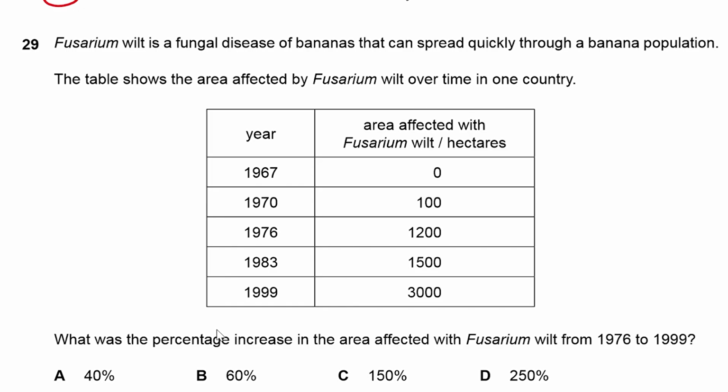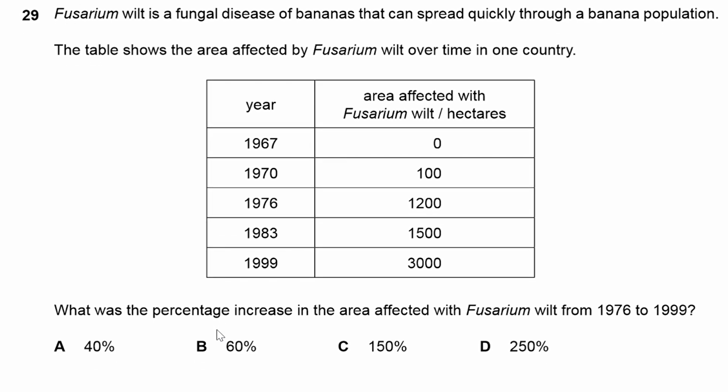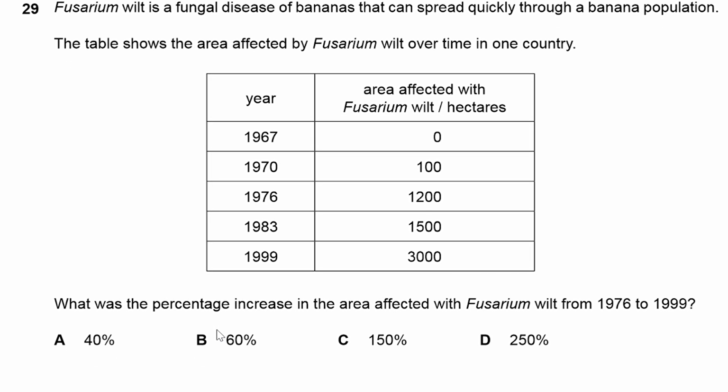What was the percentage increase in area affected with Fusarium wilt from 1976 to 1999? In 1976 we had 1,200, in 1999 we had 3,000. To get percentage increase, it will be 3,000 minus 1,200 over 1,200, and the answer is multiplied by 100. Let me work it here.